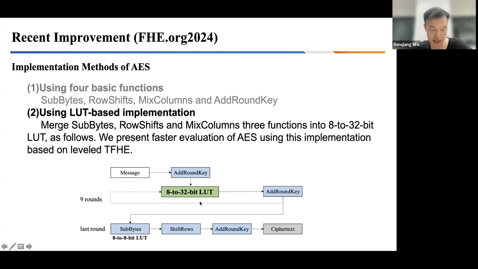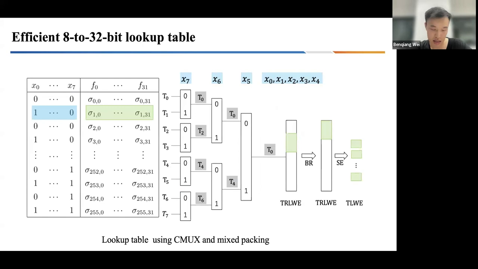This kind of approach brings some advantages in our homomorphic evaluation, such as we will need a smaller evaluation key size. As just mentioned, we can still efficiently evaluate the 8-to-32 lookup table, since the number of bits in the input remains 8, the same as before.